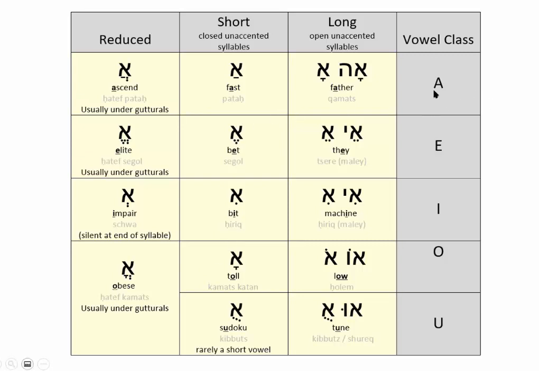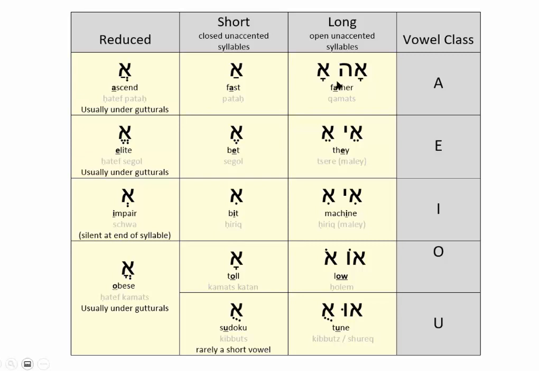Let's go through here and just read them one by one. The first one, kamatz, is pronounced ah, like father. You can see that one form of kamatz has a hey involved. This is a mater lectionis. It's a letter that Hebrew used to indicate the ah sound long before the vowel symbol was invented.